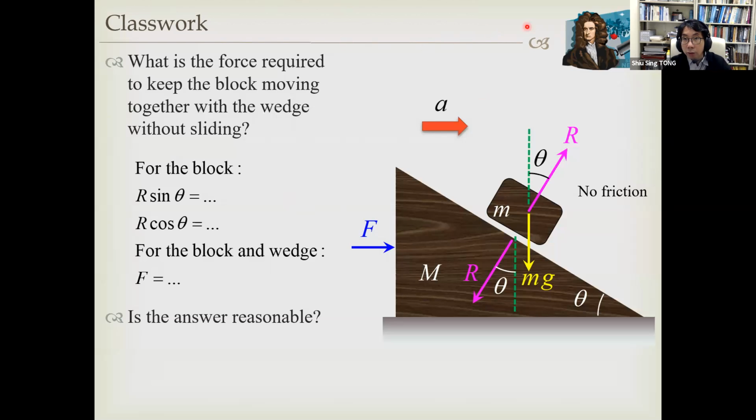Any of you who have, yes, that's correct. You did it right. Any of you who have found the answer? Have you checked if this answer is reasonable for some limiting case?